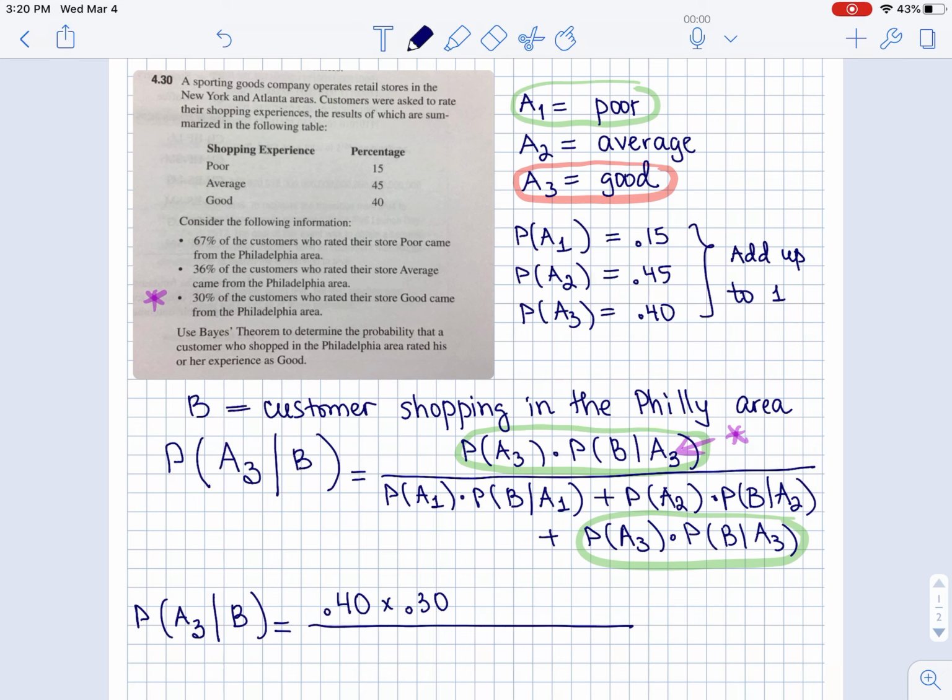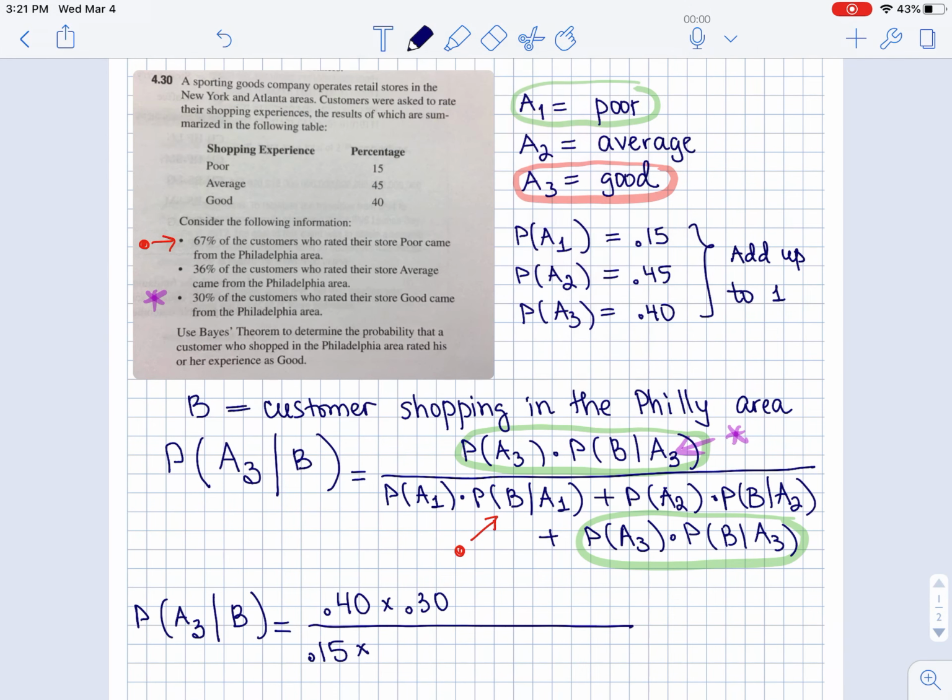Poor: what's the chance a customer had a poor experience? 0.15 times what? Let's call this a dot: the probability that it was a customer from Philadelphia given they had a poor experience. That would be this piece right here.